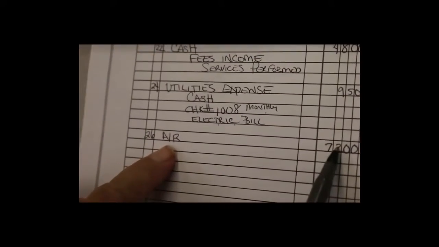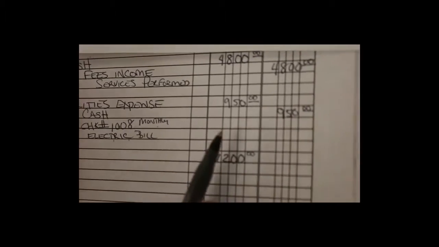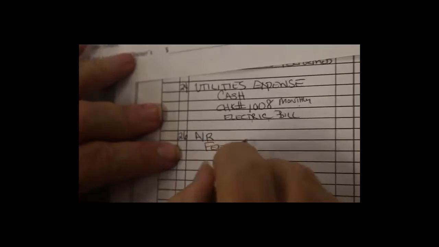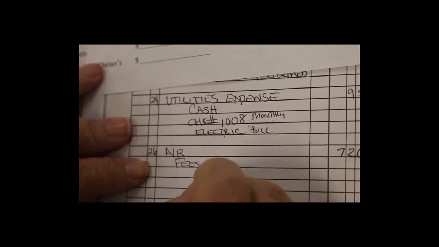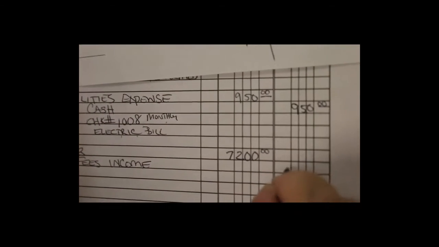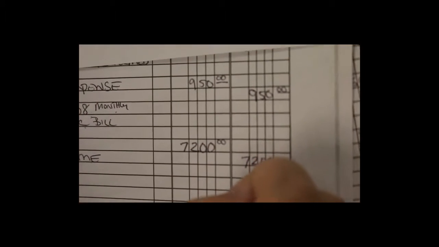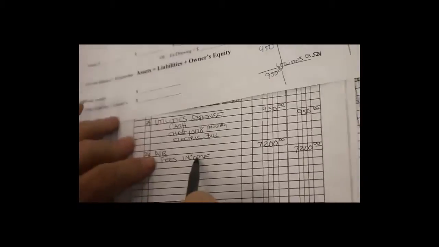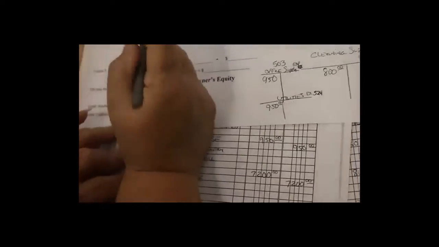AR, $7,200. And then the account that gets credited is fees income. So over here, fees income. Again, $7,200 credited. Even though we didn't get the cash, it increases our accounts receivable, which is an asset.